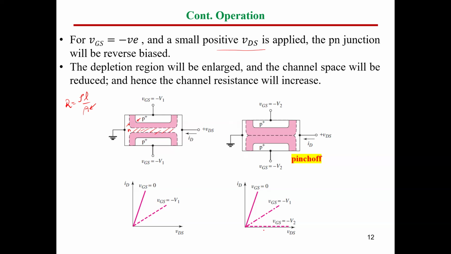So this is equivalent to the cutoff region in the MOSFET. Okay, guys. So this is now the complete current curve at the different values of VGS at small drain to source values. So this is the linear region.